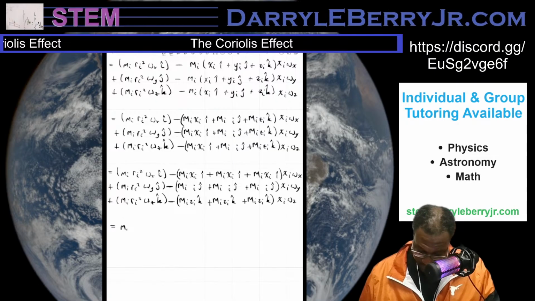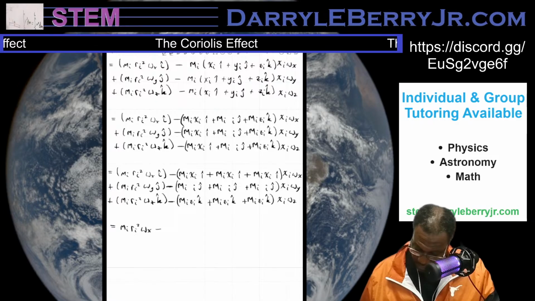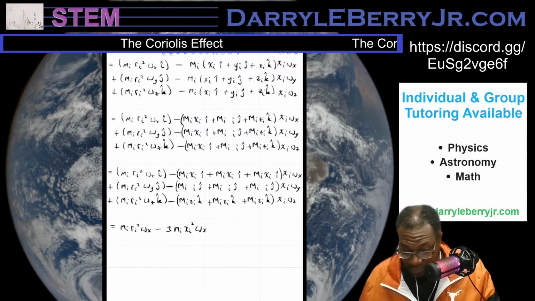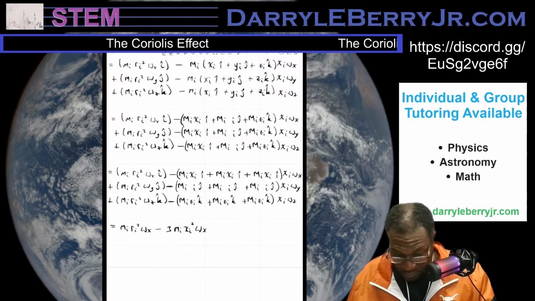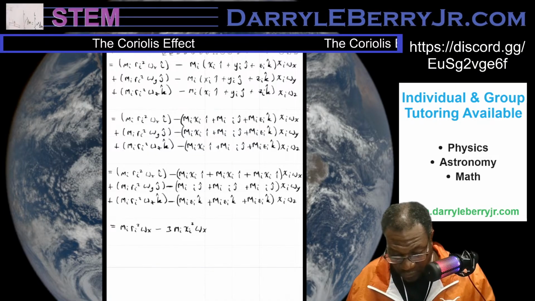I have m squared wx minus 3 mi xi for the... I dropped off more terms.